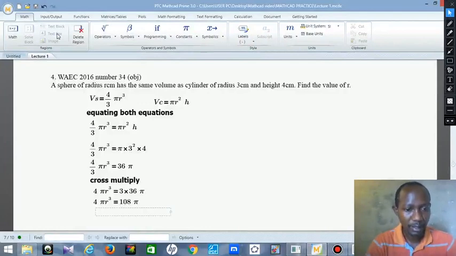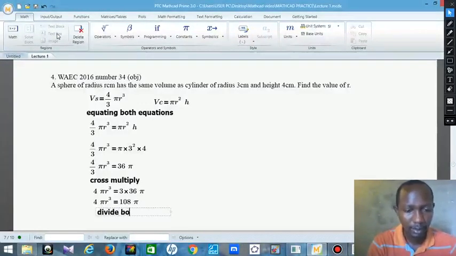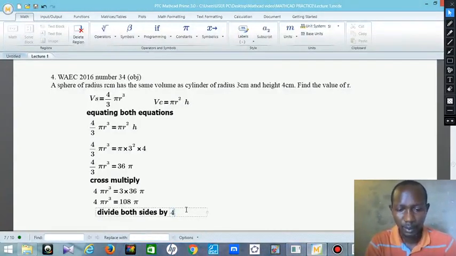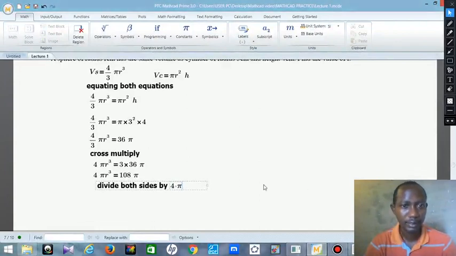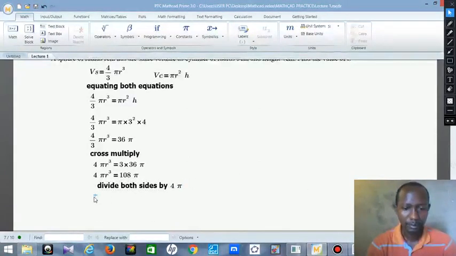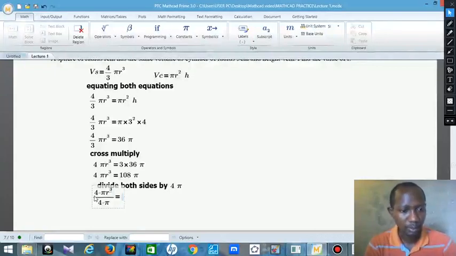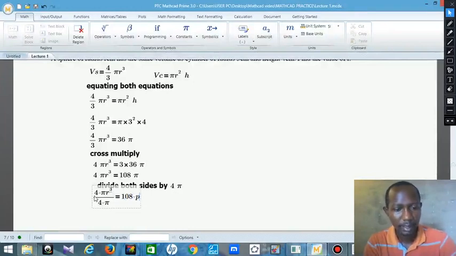Dividing both sides by 4 pi, we are going to get 4 pi r cube divided by 4 pi is equal to 108 pi divided by 4 pi.